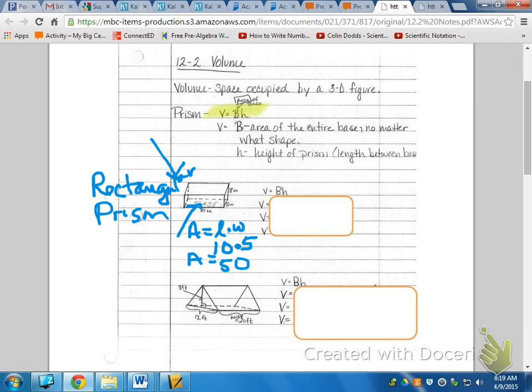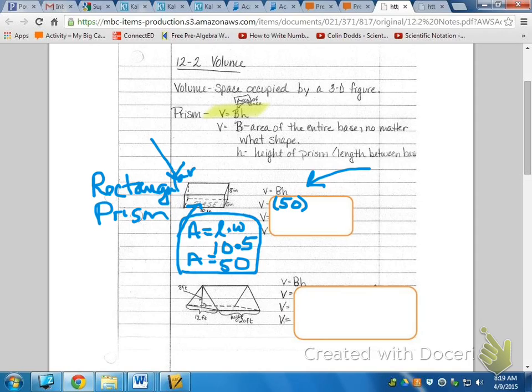So I'm going to go over here to my formula, and this is what I want you to write when you're doing this. You're going to put volume equals big B times H. That's how you should start it. And then volume equals, and for big B, I'm going to insert 50 because somewhere off to the side, you're going to do the calculation of that area. So I've done that separately, and now I've plugged that in for big B.